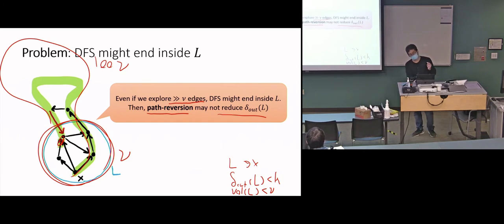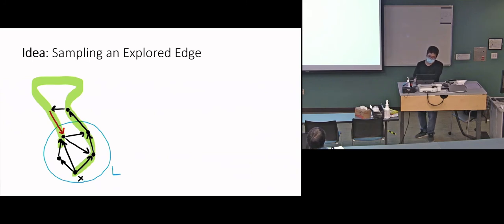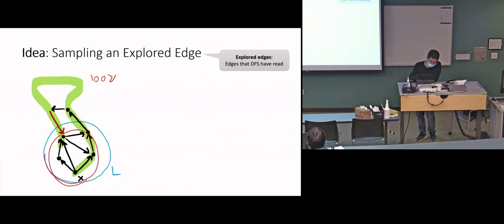However, we don't actually need a random walk. Let me tell you the point. Suppose that I have explored 100 nu edges. If I sample something, let's say I just sample among all of the edges that I have explored, just one of them.